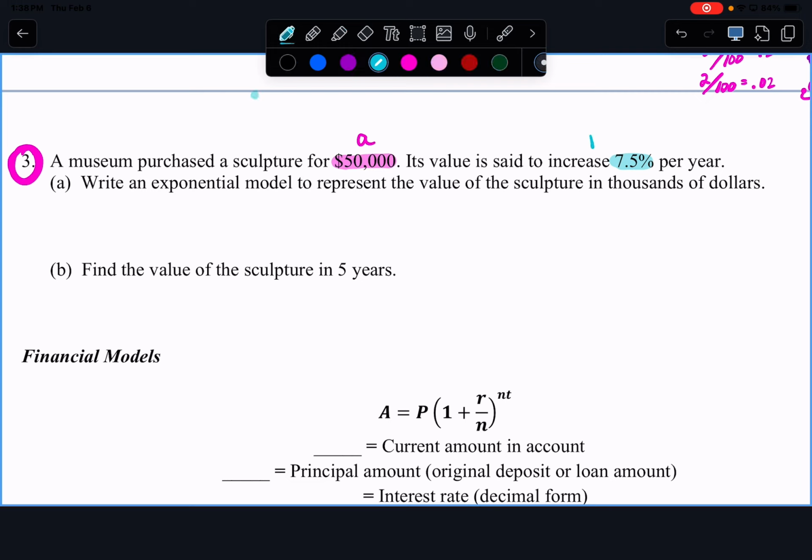So it says write the exponential model to represent the value of the sculpture in thousands of dollars. So f of x equals 50,000 again.